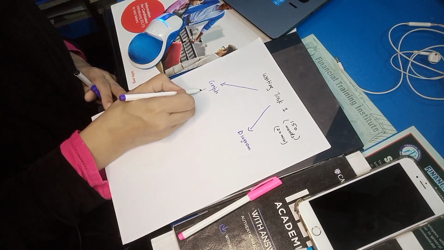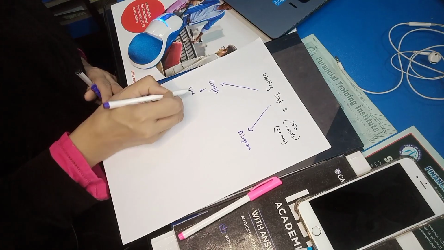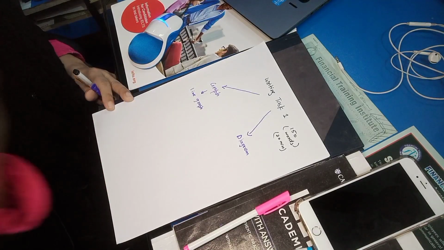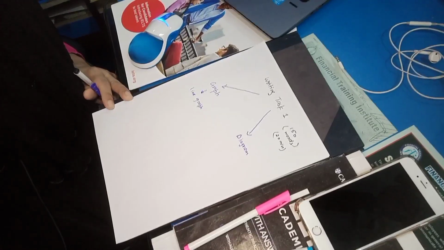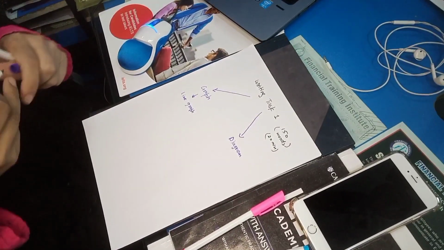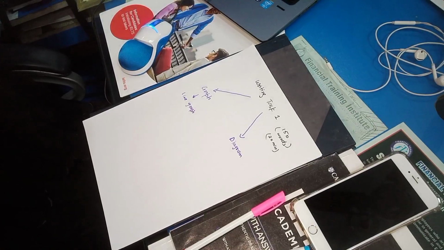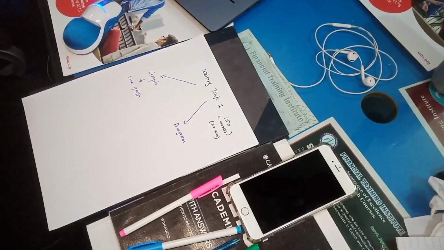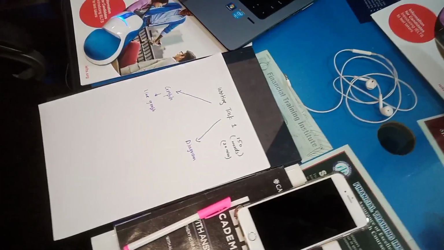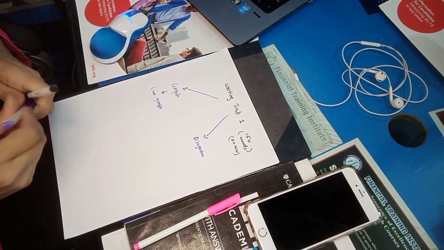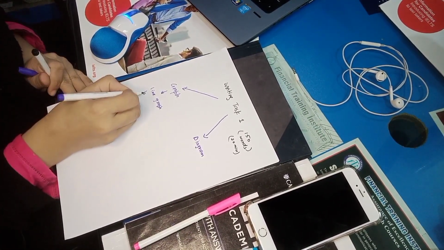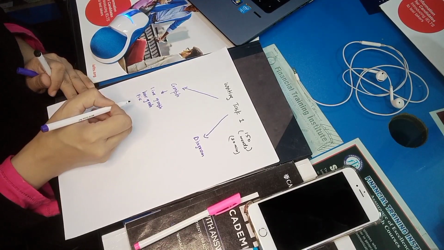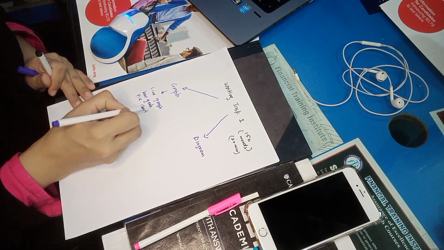In graph we get line graph, bar graph, pie chart, as well as table.